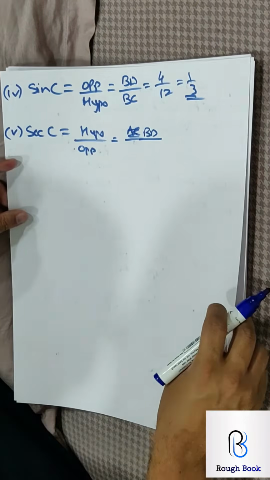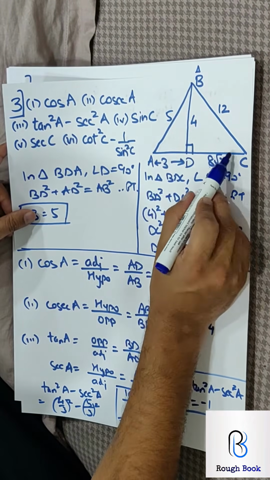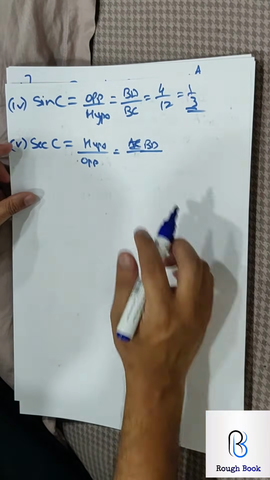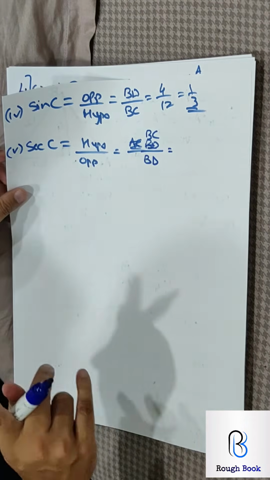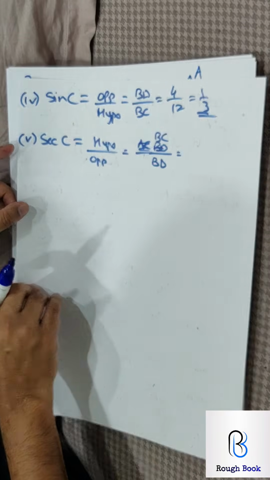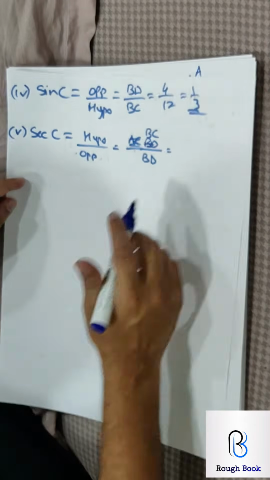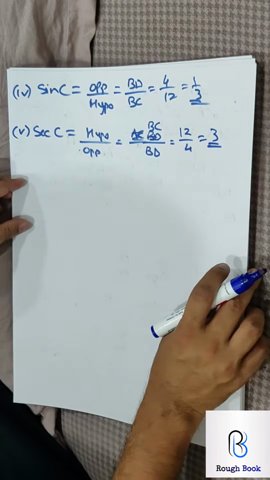What's wrong with me? So hypotenuse for C is BC and opposite is BD. So BC upon BD. Yeah, I rectified. It's not my mistake. I rectified. So don't get happy. BC by BD. So 12 by 4 becomes 3. And then the last part.